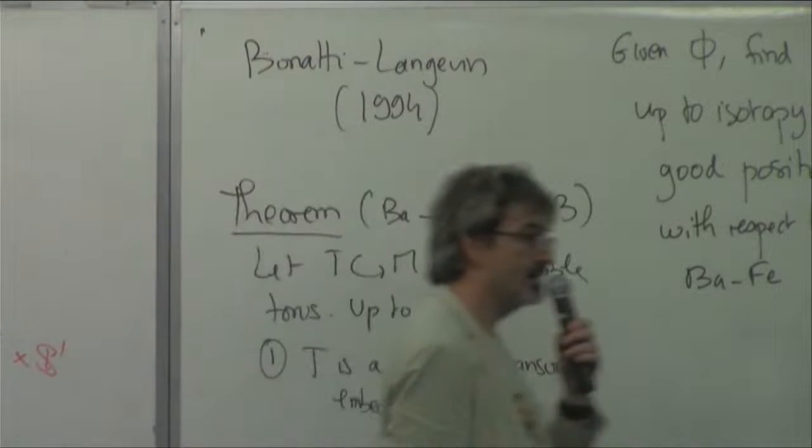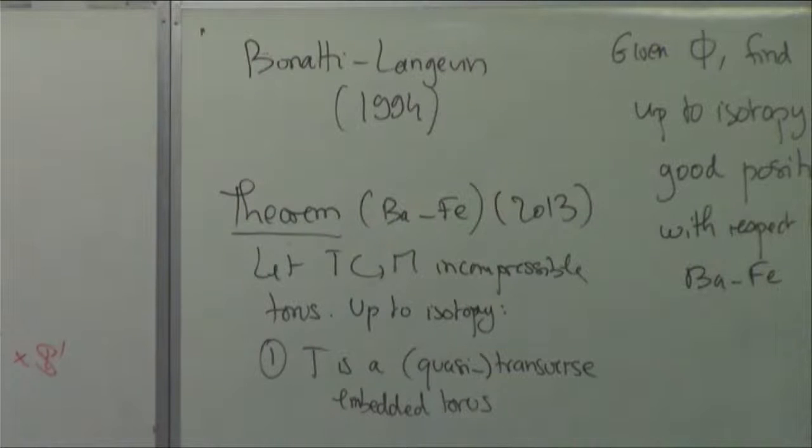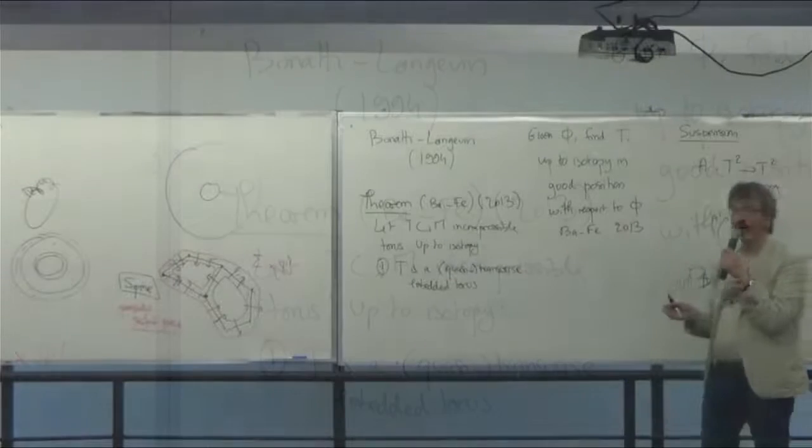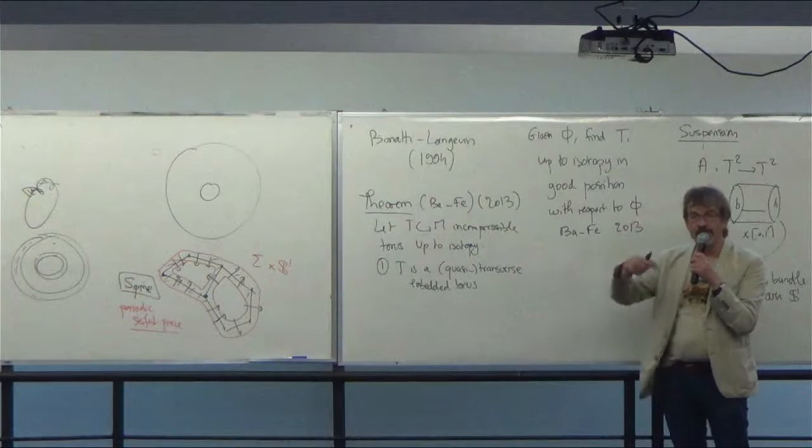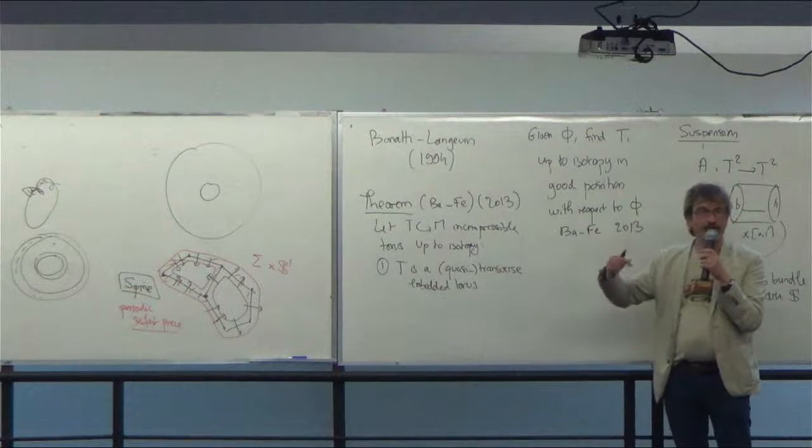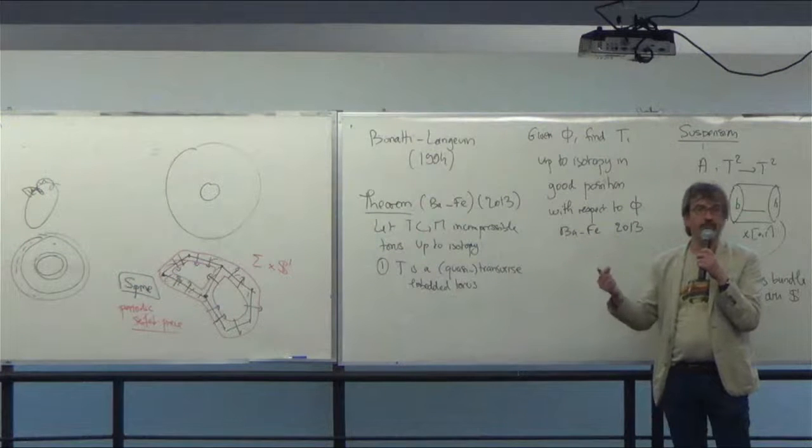So the first case is a nice case. You can isotope the torus to some embedded torus which is transverse to the flow, like in the case of suspension, or quasi-transverse, meaning admitting a finite number of periodic orbits tangent to the torus and transverse outside.